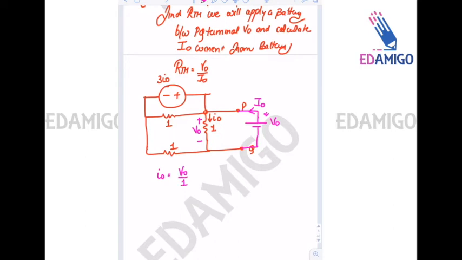Also, since 3I0 is the voltage across this resistor, the current flowing in this direction is 3I0, and we know the value of I0 is equal to V0.